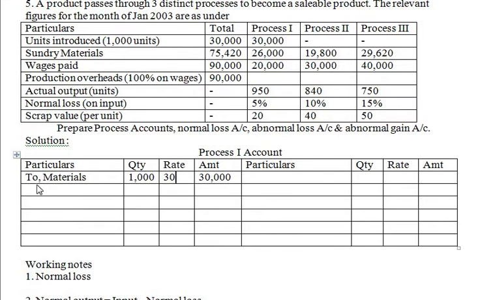Okay. Next comes the sundry materials. Again we need to take it on the debit side. To sundry materials, amount is 26,000. Okay, now next is to wages.